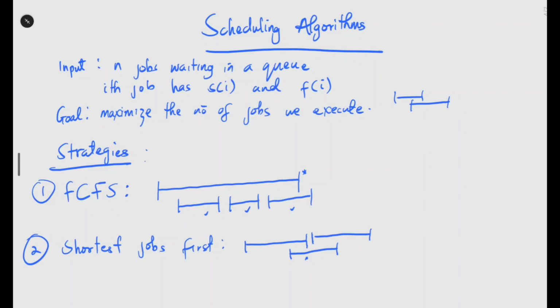So let's think about the third strategy. Strategy 3. For the third strategy, let's say we want to execute smallest degree first. By degree, we mean the number of intervals that overlap with each job.